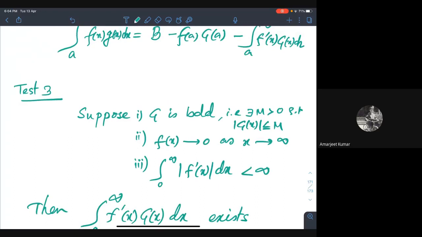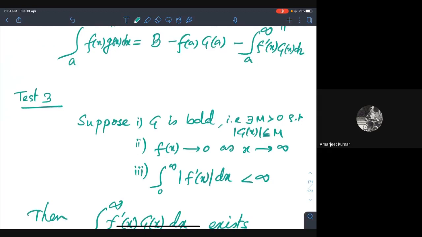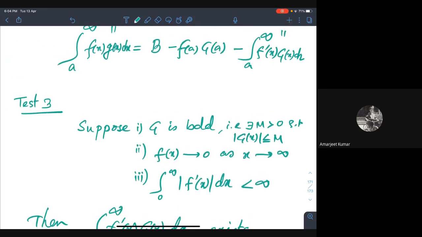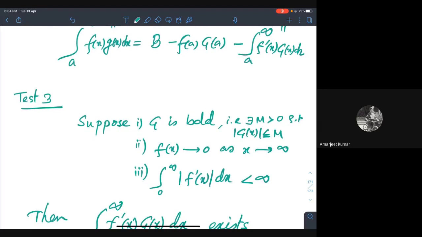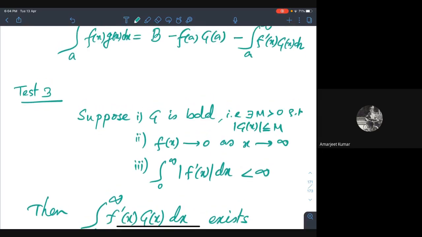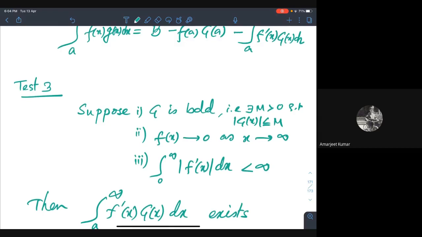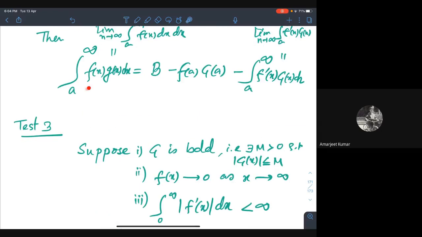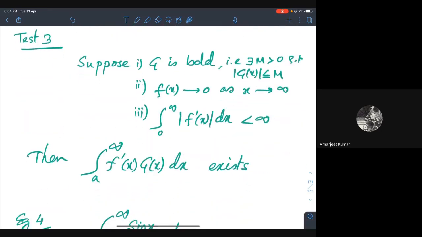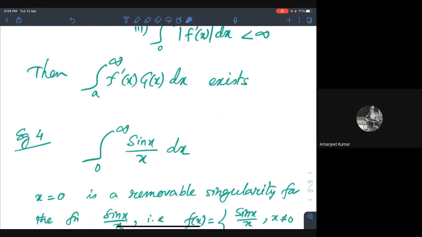So we need to consider this integration by parts formula here, and of course this should exist.